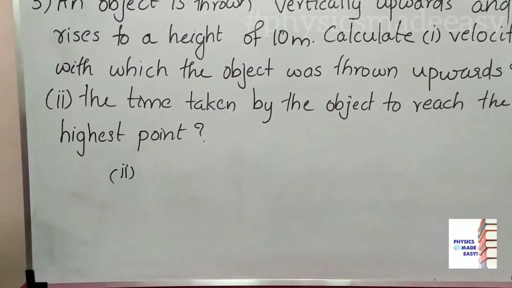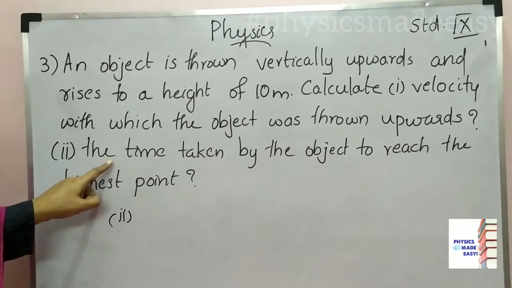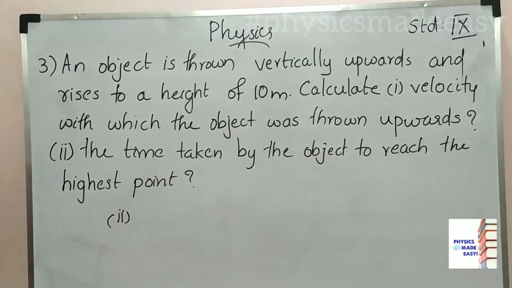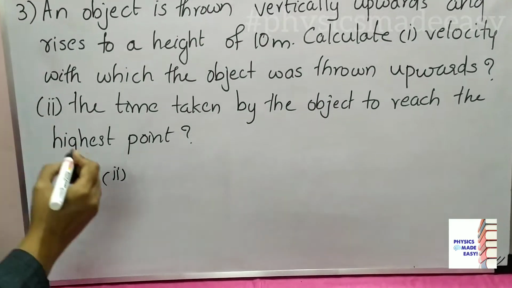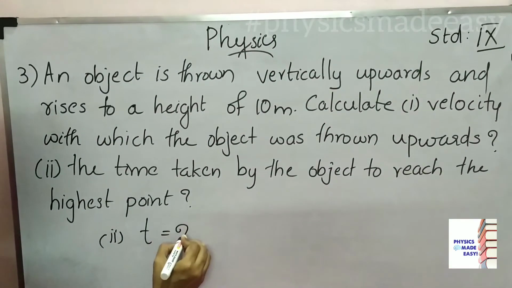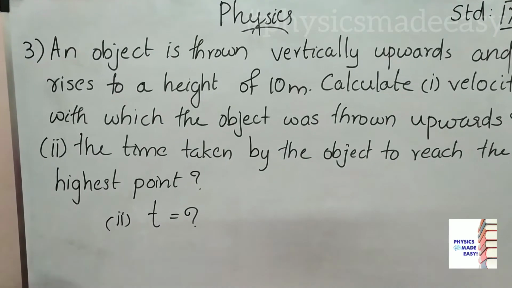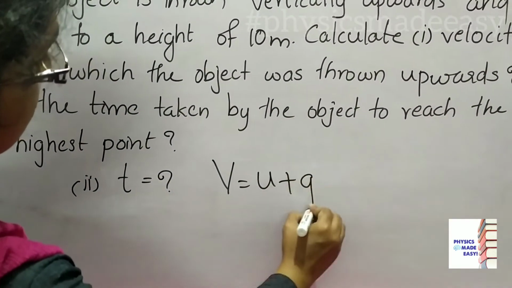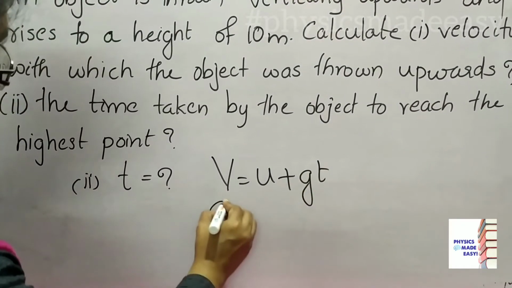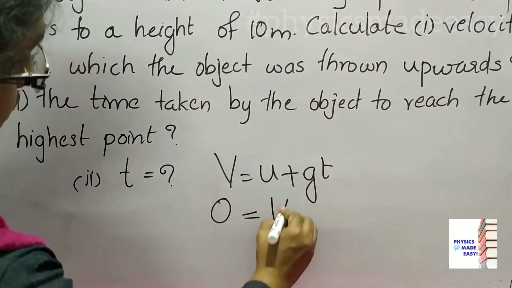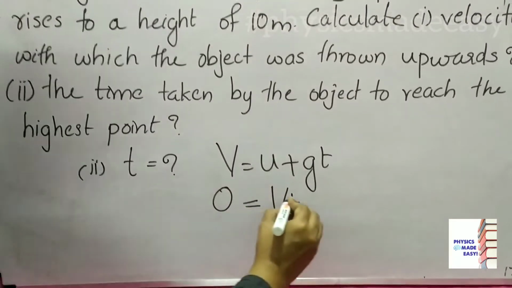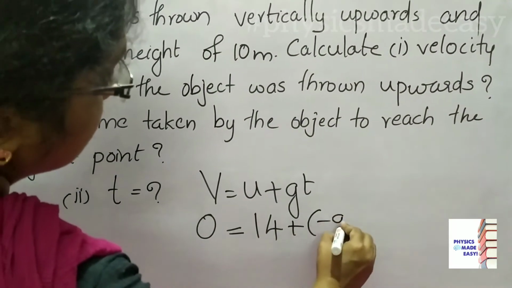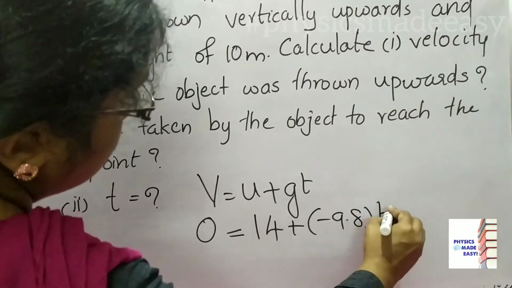Now we have to find the second part, the time taken by the object to reach the highest point. What is the time taken by that object, that we have to find. Here we can use the equation v is equal to u plus gt. We know v is 0, u is equal to 14, then plus minus 9.8 into t.